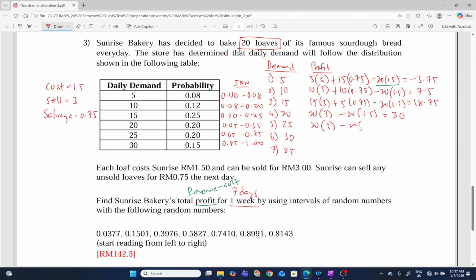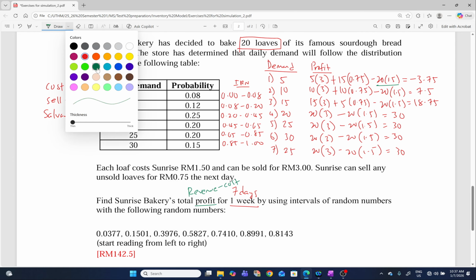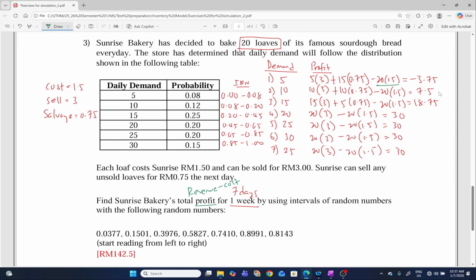So yang lain semua going to be 20, 30 the profit. So your profit will be, this is negative, you rugi dekat sini, 7.5 dapat profit, ni semua profit lah. So you campur ni, you akan dapat 142.5.